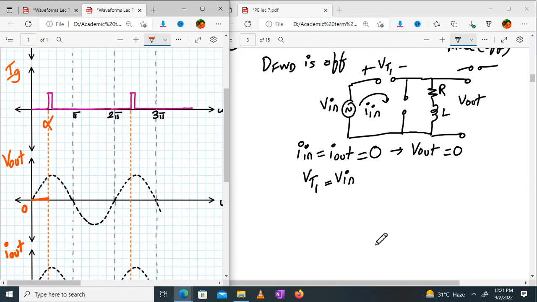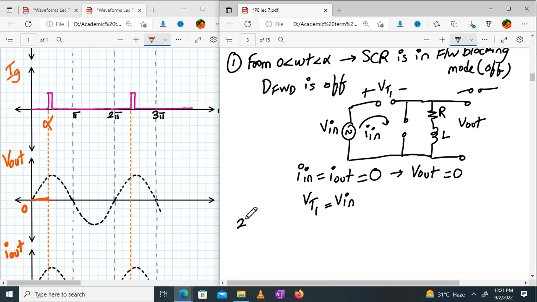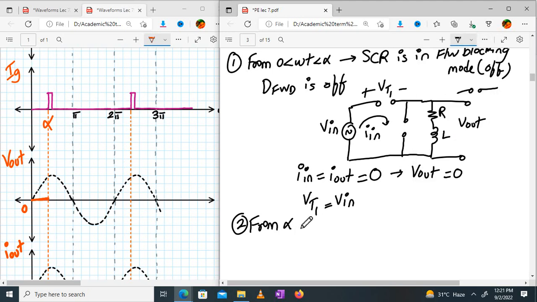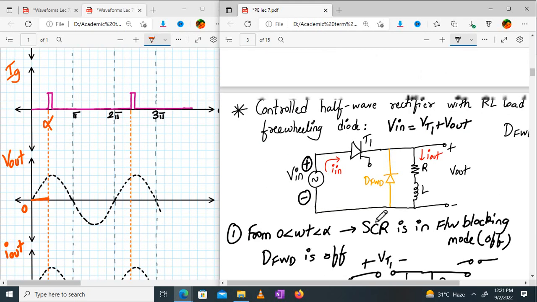Now what happens over here? Now we have to analyze the waveform from alpha to pi. Is that clear? Alpha to pi, what happens? What happens now to this circuit?